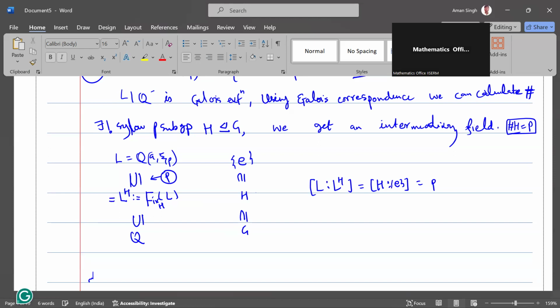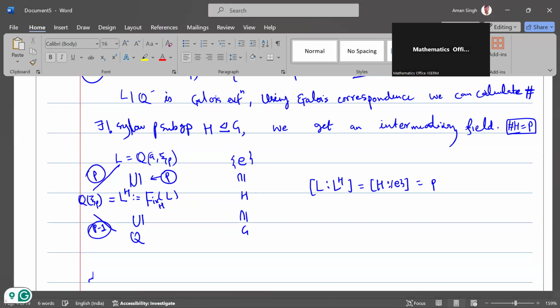And what is this? You can explicitly calculate it, right? What would this be? Q of zeta P. This extension is P minus 1 and this extension is P, right?